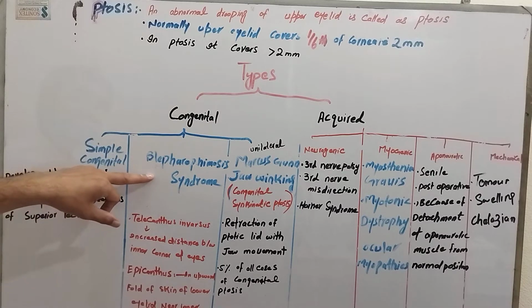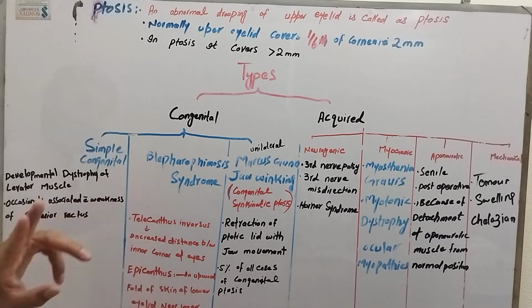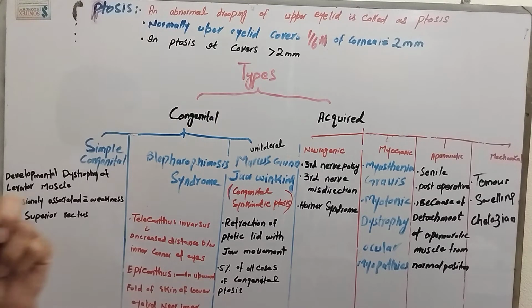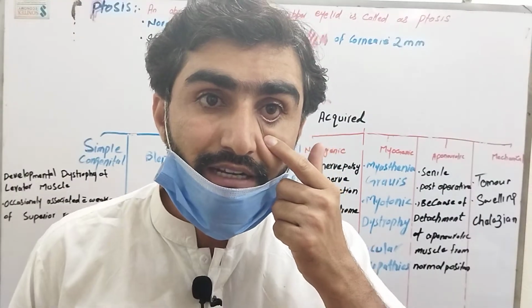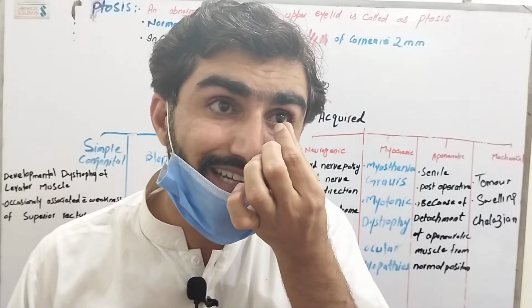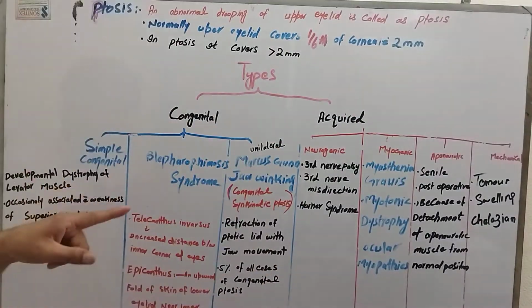The second type of congenital ptosis is blepharophimosis syndrome. Here we have to explain only two things: telecanthus and epicanthus inversus. What is telecanthus? Increased distance between the two inner corners of the eyes. Here our lid is downward, and the distance between the inner corners of the eyes has increased.